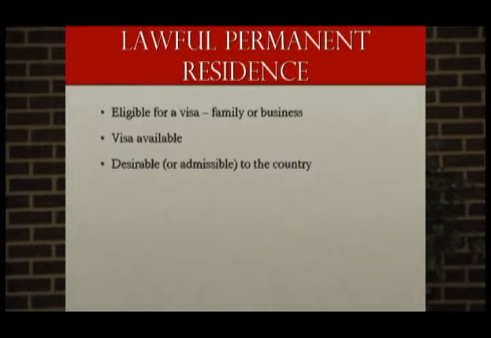And so why don't I go ahead and go to the next slide now and talk about our current system, how it stands now. So how to become a lawful permanent resident, how to get your green card. Some people don't really understand you have to actually have a basis for getting your green card. You can't just say, I'm in the United States, I want to work, I want to get my green card.